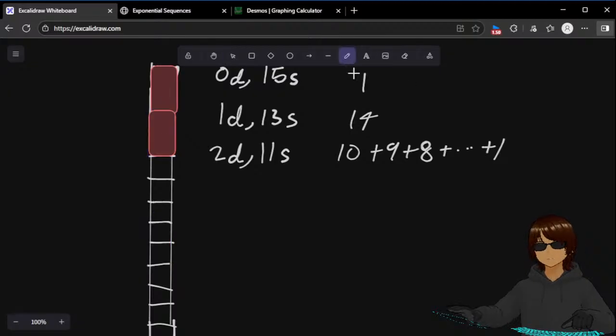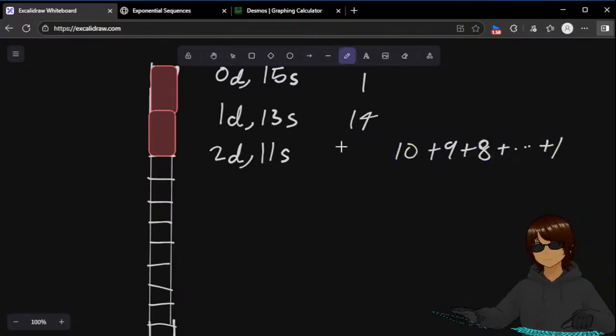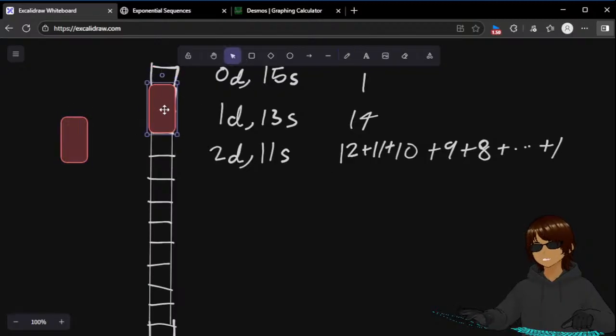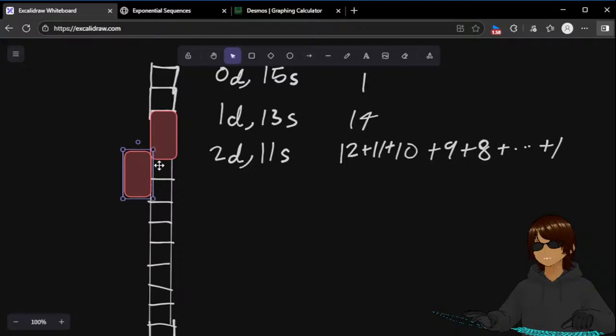So it actually starts with 12. That will happen 12 times, and then push this down once. And then there are 11 spaces to move. Push this down one more time, and then there are 10 spaces to move, like that.